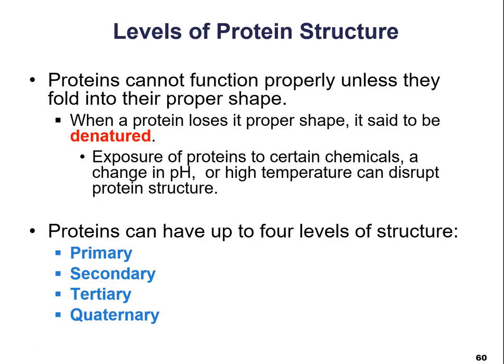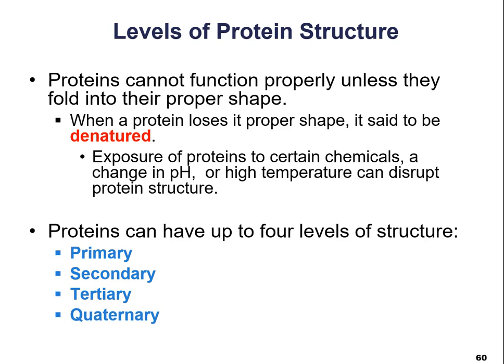Now, as I said, a protein does not function until it is folded properly or has its proper shape. So a polypeptide now needs to fold. And one thing to mention here is that if proteins lose their shape, we call it denatured.